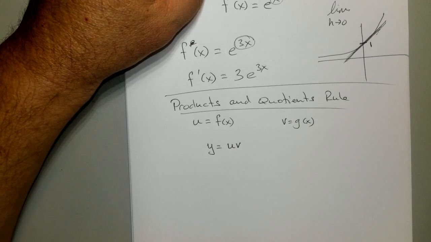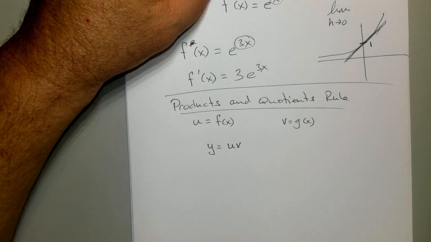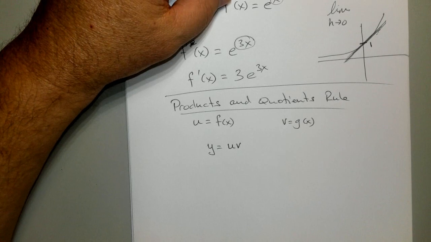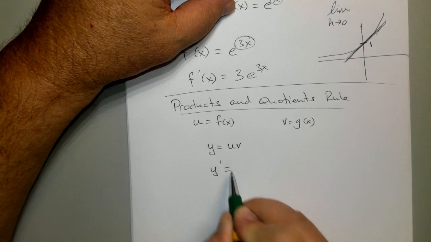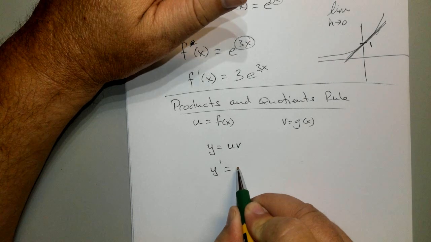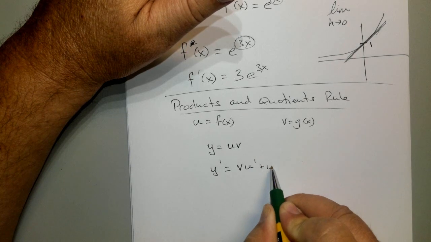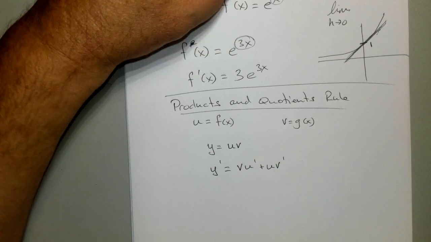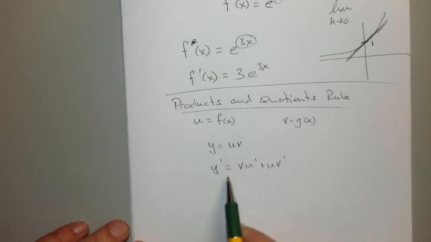If we had a function where the product of two separate functions, the derivative would be v u prime plus u v prime. What does this mean?